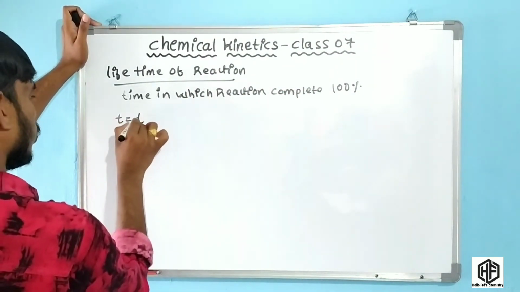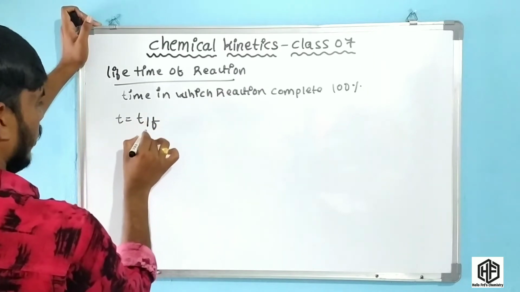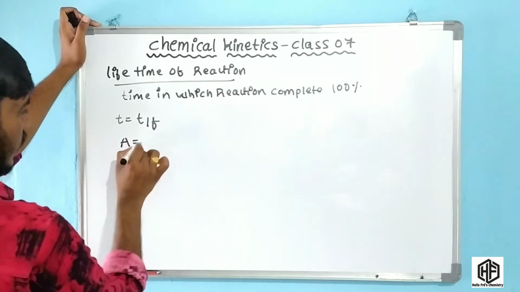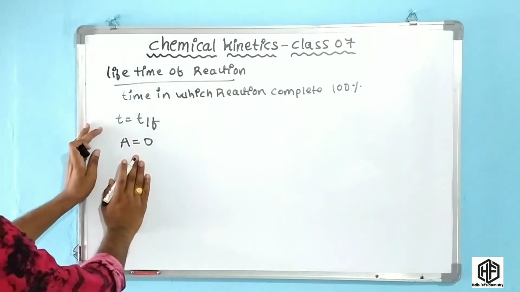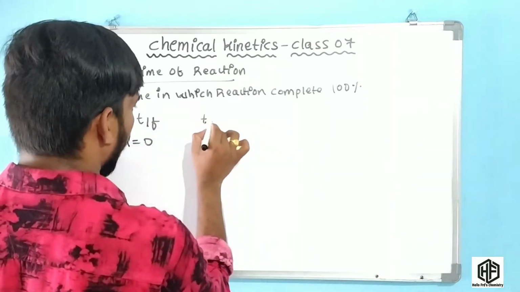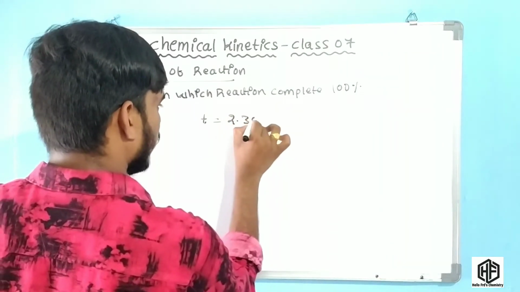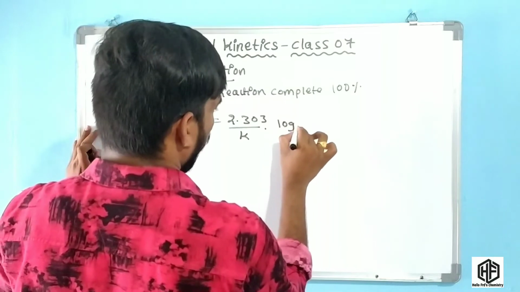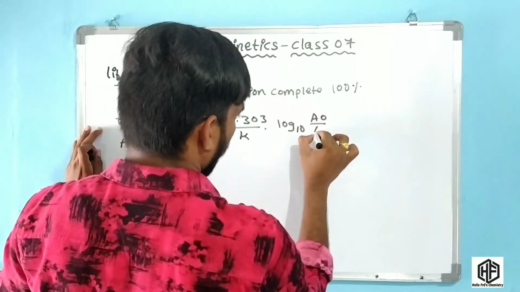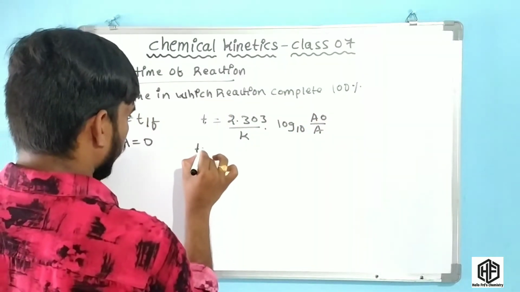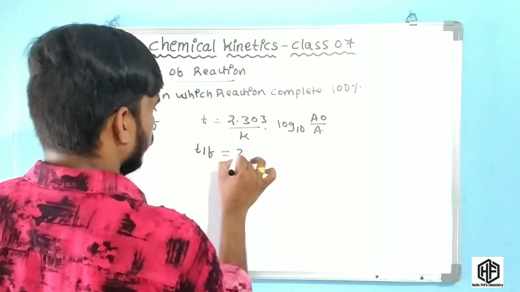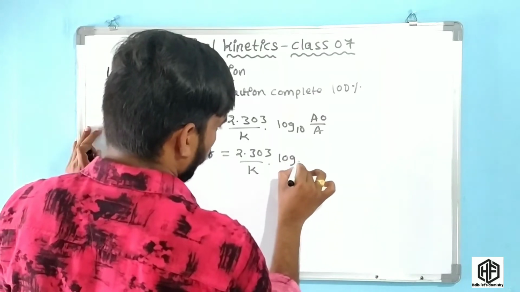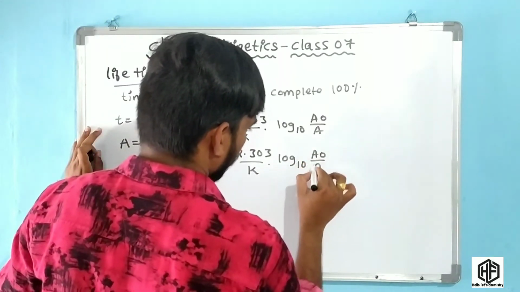Now t is equal to t lifetime. Now A, the remaining concentration, is 0 in the lifetime of the reaction. Then the formula is t is equal to 2.303 by K into log base 10 A naught by A. Now t is equal to t lifetime, so t lifetime is equal to 2.303 by K into log base 10 A naught by 0.